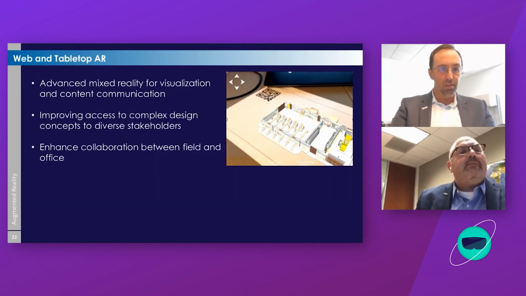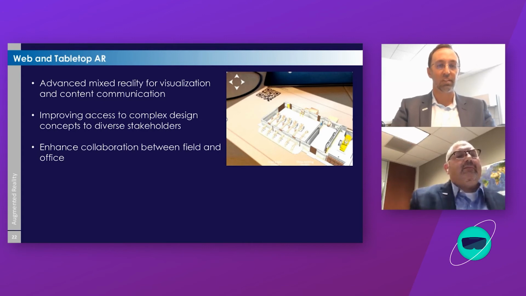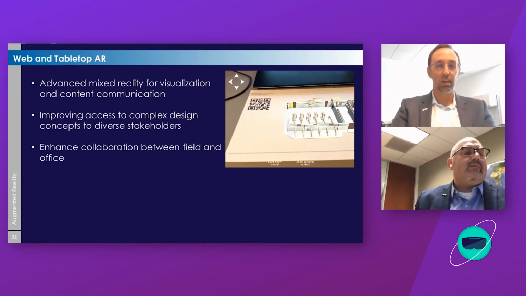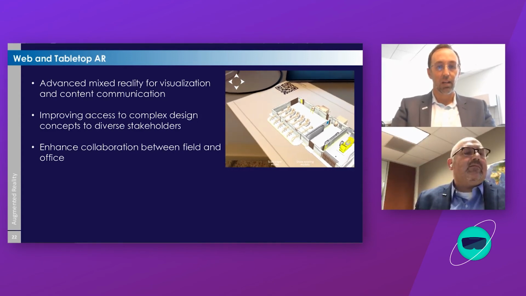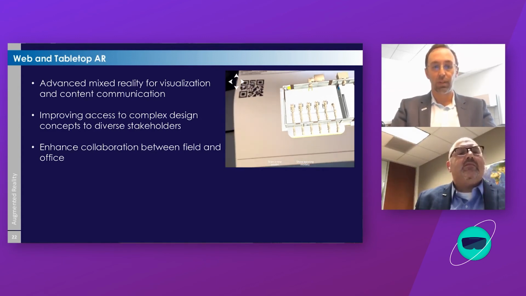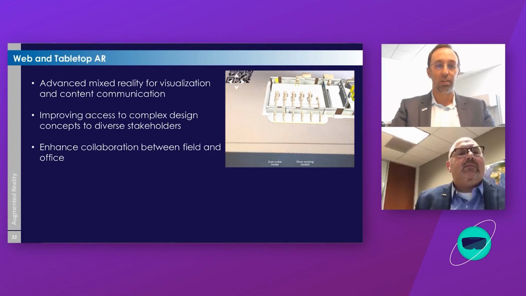So the final use case that we want to talk about today is web and tabletop augmented reality. It's really providing that advanced collaboration environment through design teams, remote design teams. You'll see in this video the ability to take a standard 2D plan drawing and scan that with a device and see the actual 3D model of it on your desk.